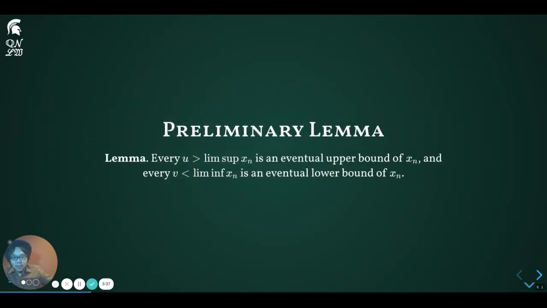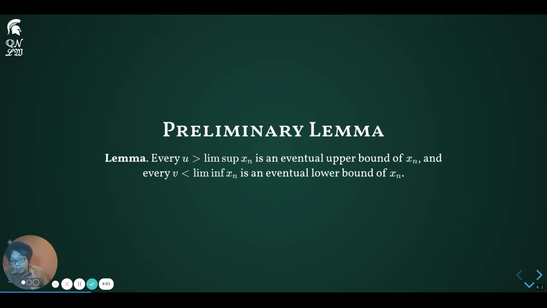Before getting to the answer, we introduce a preliminary lemma that will be useful in the discussions to follow. This lemma says that every number bigger than the Limsup is an eventual upper bound, and every number less than the Liminf is an eventual lower bound. Notice that this lemma is not automatic.